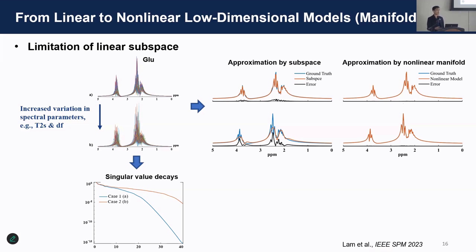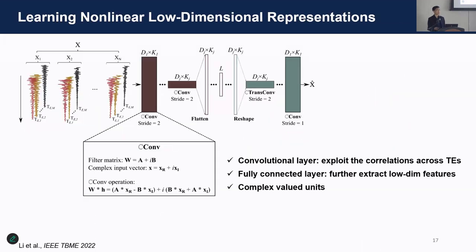So the question here is, can we go beyond the linear subspace model by leveraging some of the recent advancements in deep representation learning? Here's one of our attempts, leveraging a deep neural network, combining a convolutional autoencoder type of architecture, allowing us to learn an effective low-dimensional representation of this high-dimensional, multi-dimensional spectrum, of course using a complex-valued U-Net because the phase is really crucial here.